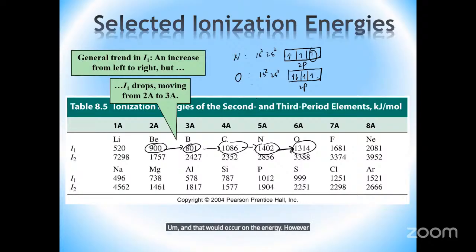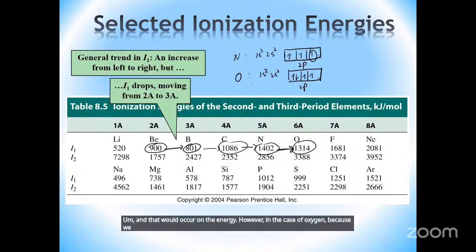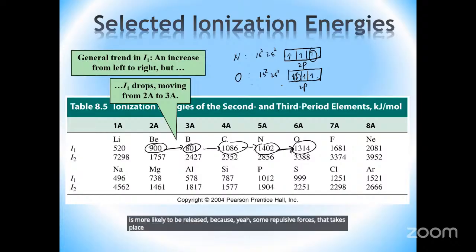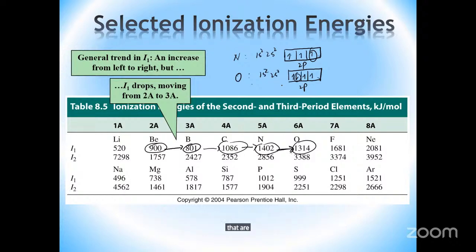However, in the case of oxygen, because we have 2 electrons paired up within this particular 2p orbital, that means that one of these 2 electrons is more likely to be released because you have some repulsive forces that take place between the 2 electrons that are sharing the same p orbital, right?